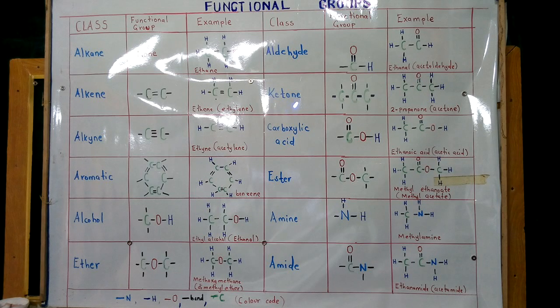Then we have what we call ketones. The difference between the functional group for aldehydes and ketones is that for ketones, there's no hydrogen at this point, but on both sides of the carbon that is bonded to oxygen, we have radicals. That can be R prime. So that's the functional group for ketones.